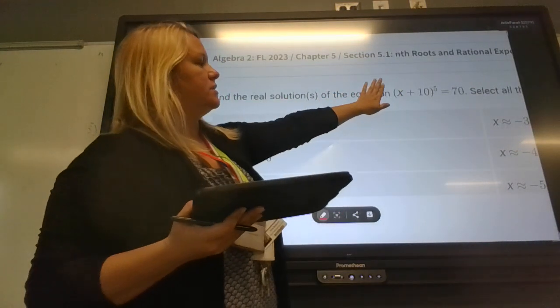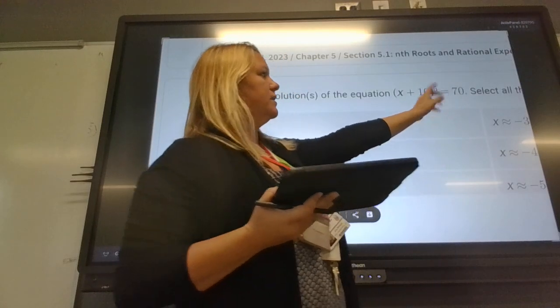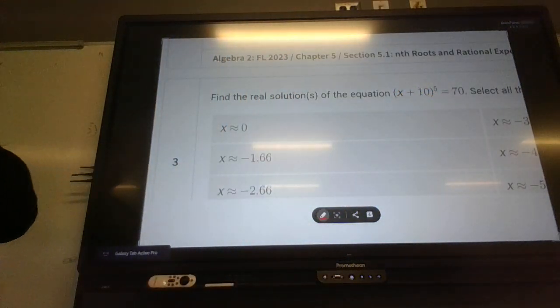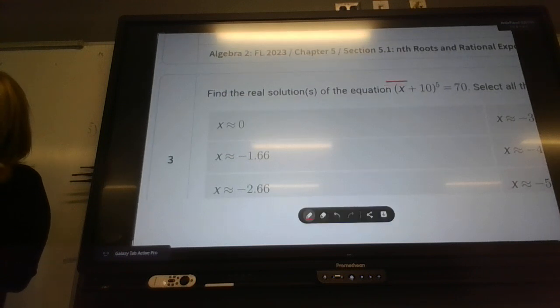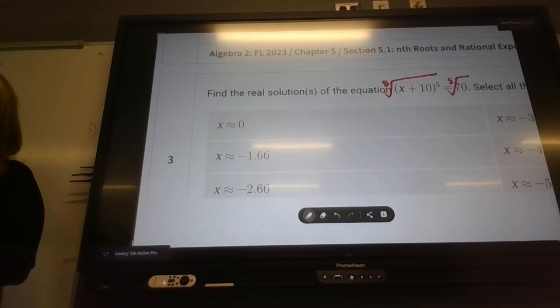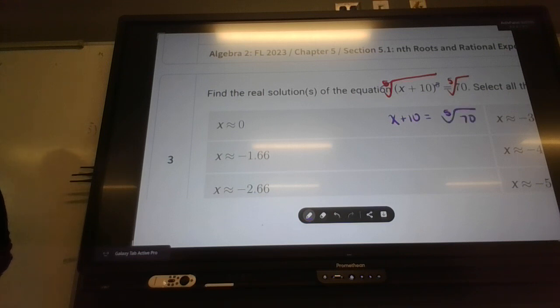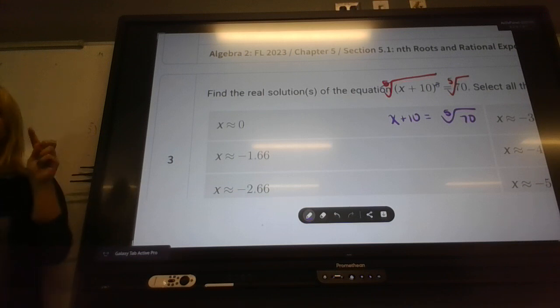There's no coefficient. There's no plus, and there's nothing after it either. So the base of the power of 5 is already isolated. So I can go right into a fifth root on both sides. And that will cancel out the exponent, leaving x plus 10 equals the fifth root of 70. Because 5 is odd, I don't use a plus or minus. One answer. Odd power, one answer.